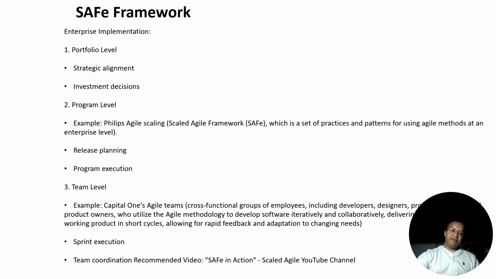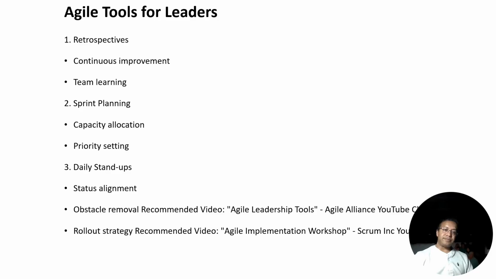So that's about the SAFe framework, which means that these are agile frameworks, which are guidelines for implementing agile practices across large-scale organizations which do multiple projects at the same time, perhaps across the globe as well. So that's about SAFe frameworks.